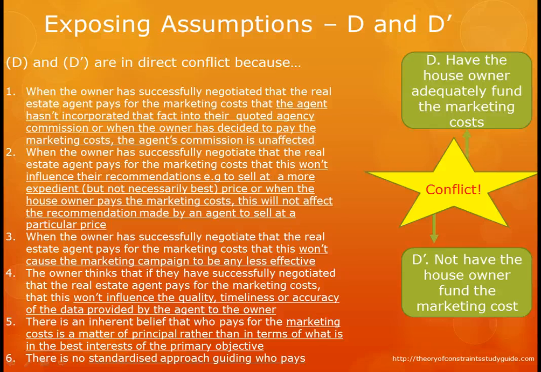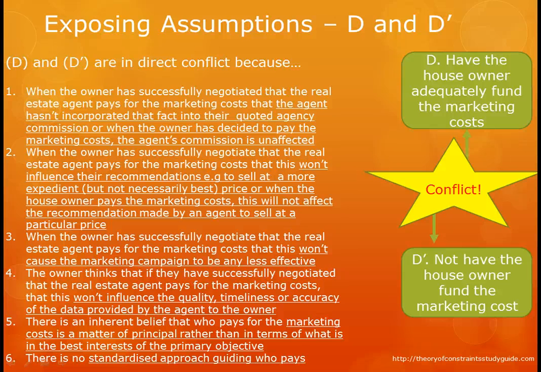So if we now move on to assumptions 3 to 6, I only take the perspective of the owner, but again, I want to make the point that it could be worded from the perspective of the agent. So again, we're saying D and D prime are in direct conflict because when the owner has successfully negotiated that the real estate agent pays for the marketing costs, this won't cause the marketing campaign to be any less effective, i.e. if the owner doesn't pay for the marketing costs, the agent will still embark on a successful marketing campaign.